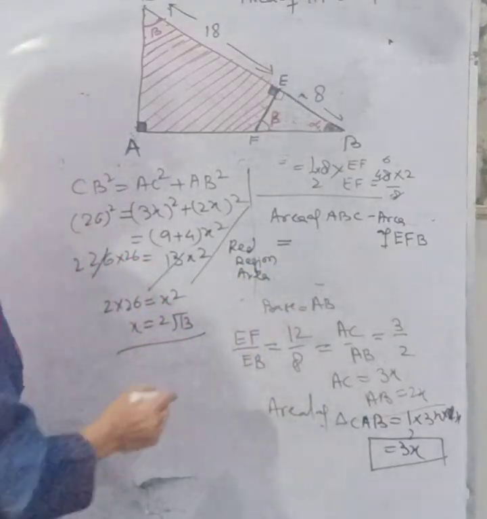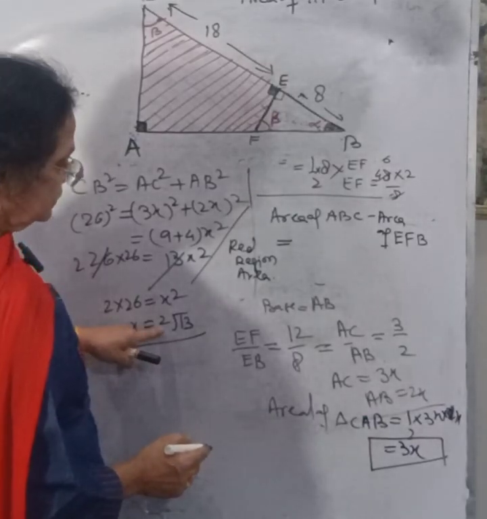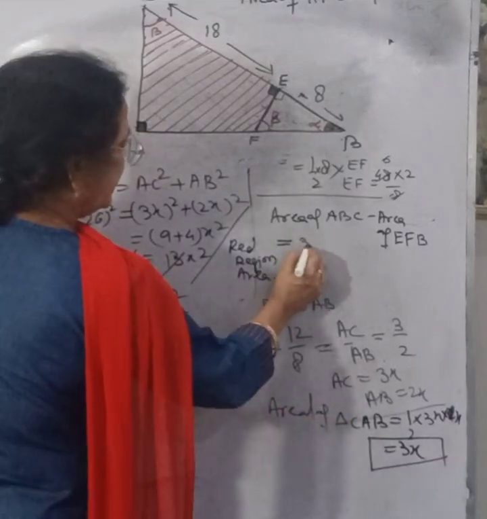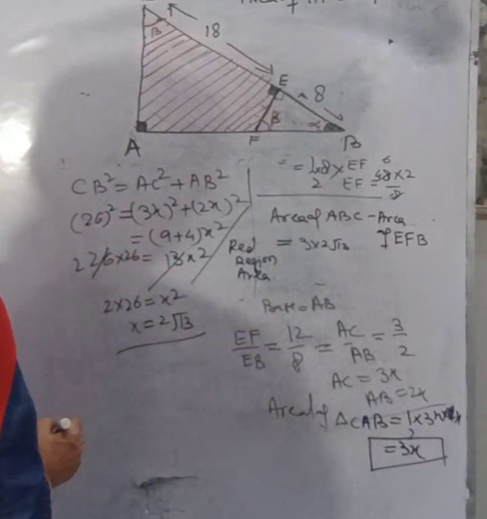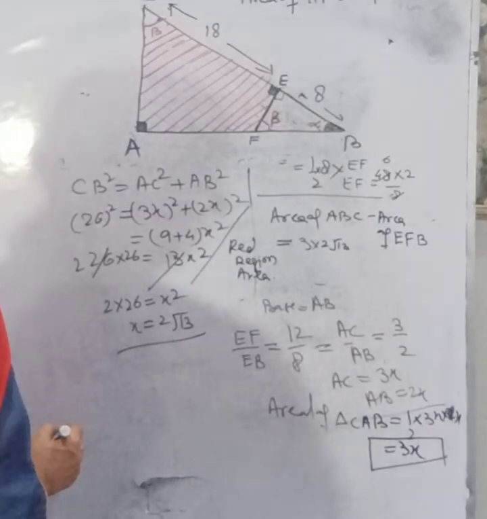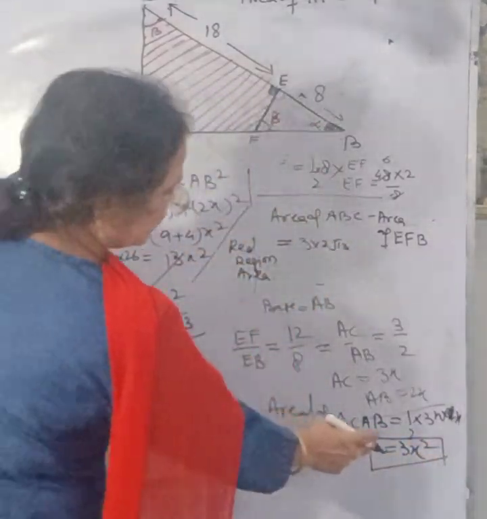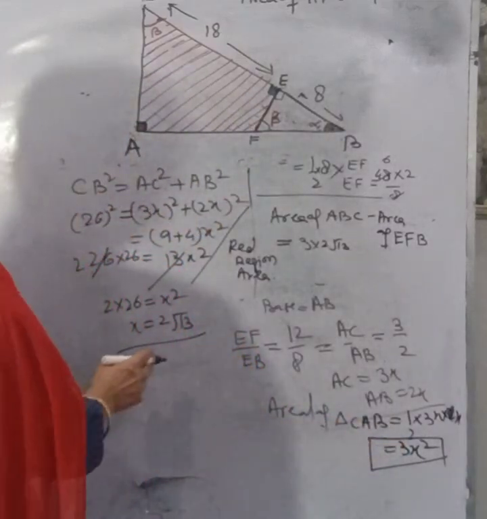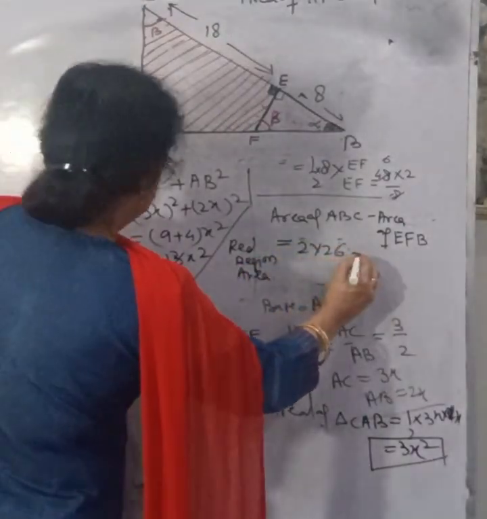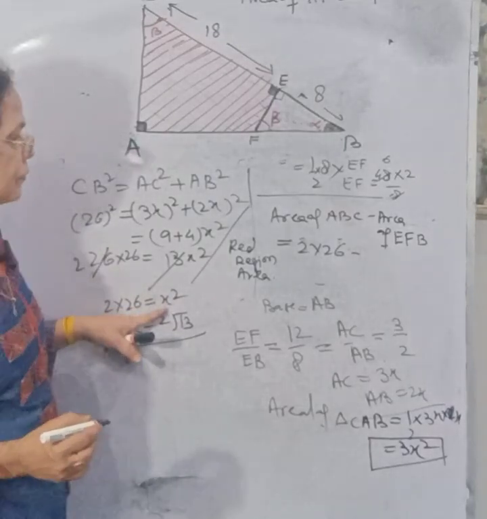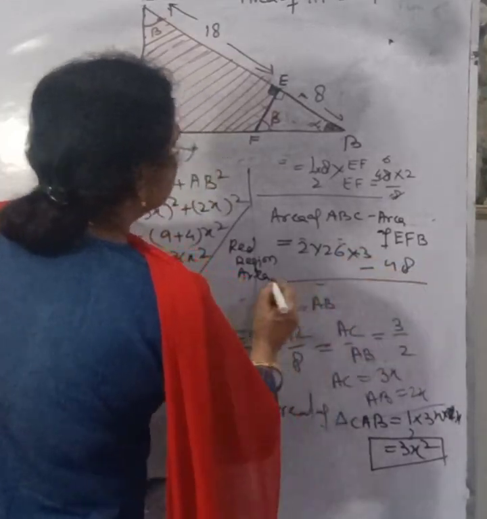The area is 3x square, and x square is equal to 2 into 26, so the area is 2 into 26 into 3, minus 48. This will be the area.